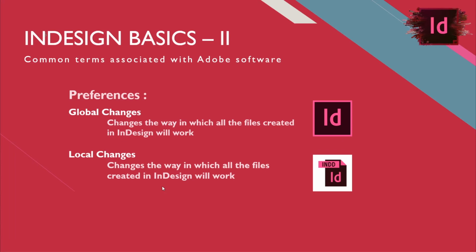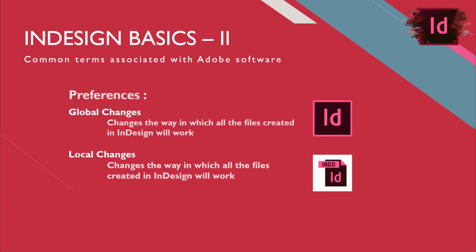One, global changes, which will change the behavior of the software for not only the file on which you are working, but also on all other files which are created henceforth. For example, determining what kind of dictionary you want to use, an Oxford dictionary or a Thesaurus dictionary for your work. For example, what kind of default font you want to use.